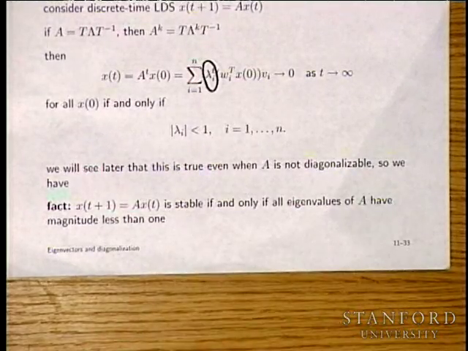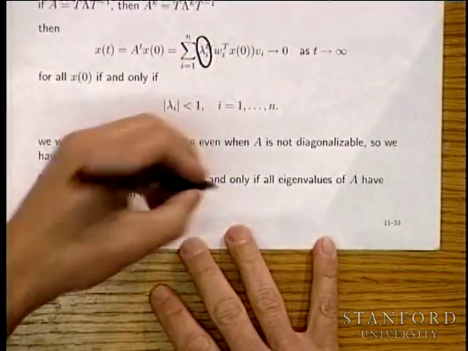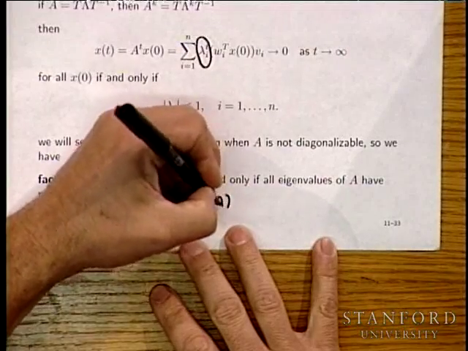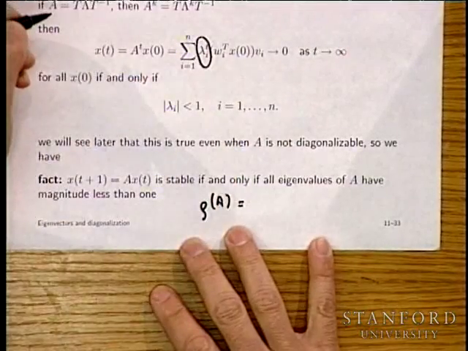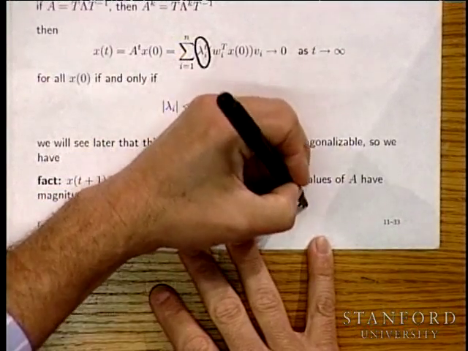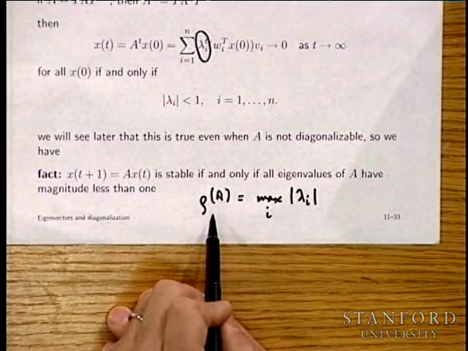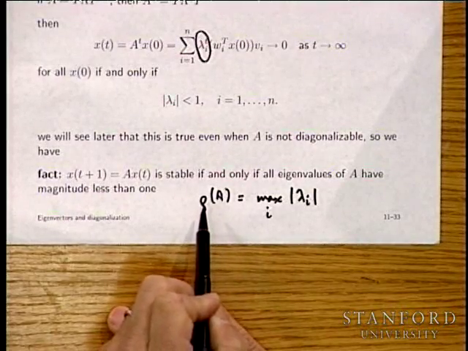Actually, as in the continuous time case, there's a much more subtle statement. The spectral radius of a matrix is defined to be the maximum of the absolute values of the eigenvalues. Okay? This is called the spectral radius, it's denoted rho.